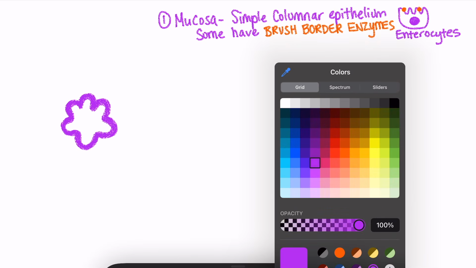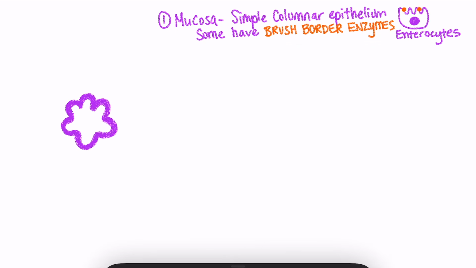So this is going to be the inner layer where the nutrients need to be absorbed through the cells. And the next layer we're going to talk about is the submucosa, where those capillaries and lacteals are for absorption. So we have to have that absorption happen through the enterocytes though.